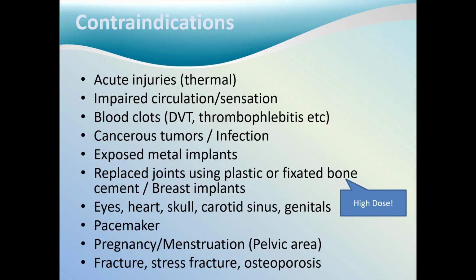The contraindications for the use of ultrasound include acute injuries, especially for thermal treatments, impaired circulation or sensation, blood clots such as DVTs, thrombophlebitis, or other conditions, cancerous tumors or infection, exposed metal implants, replaced joints using plastic or fixated bone cement, or breast implants for using ultrasound at higher doses, around the eyes, heart, skull, carotid sinus, and even genitals, over a pacemaker, over the pelvic area for someone who is either pregnant or menstruating, or over fracture, stress fracture, or osteoporosis sites.